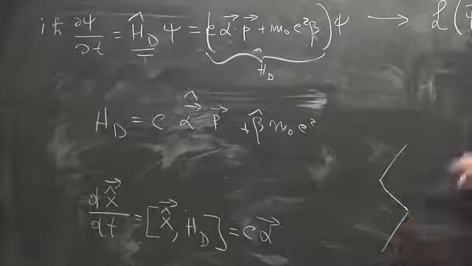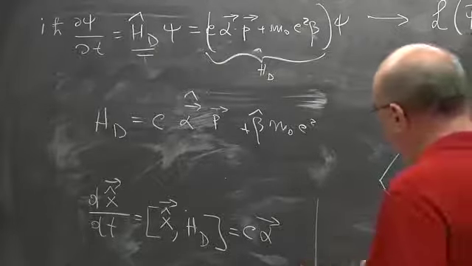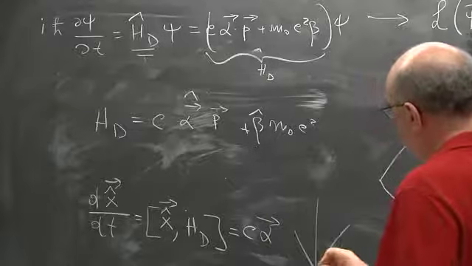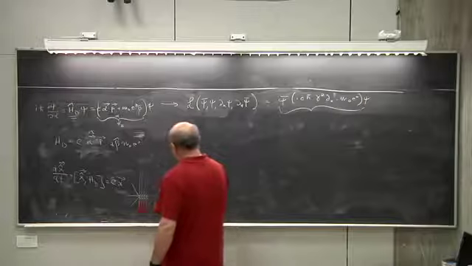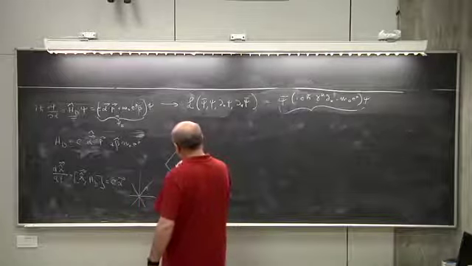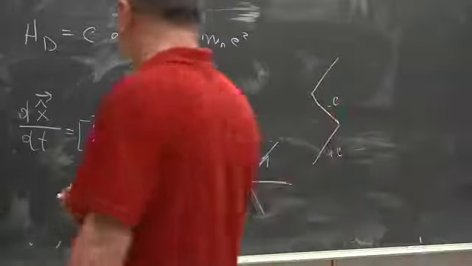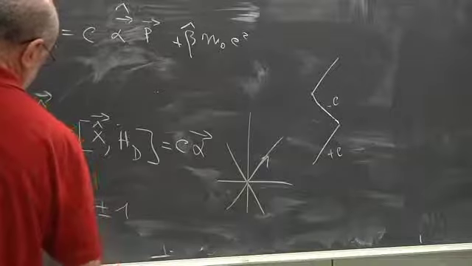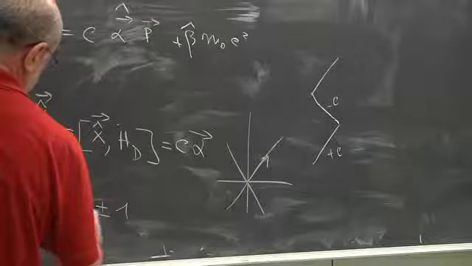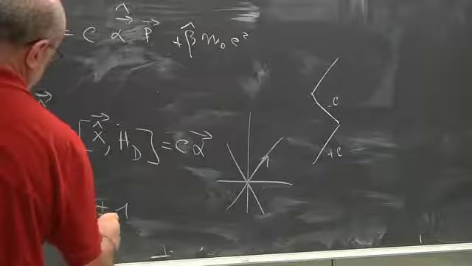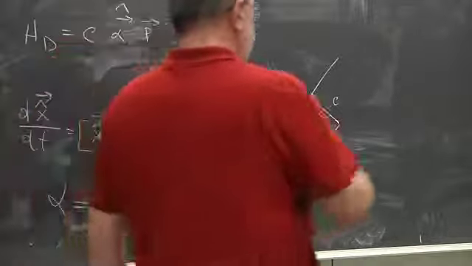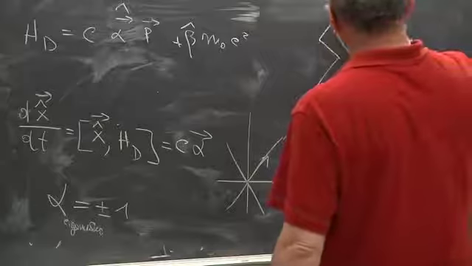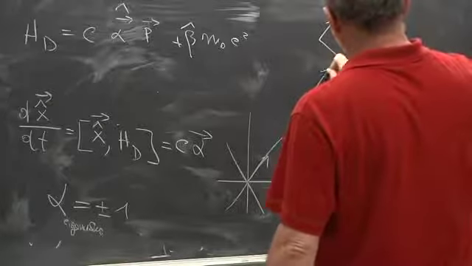That means it moves along the light cone, you know. If you have the light cone, the particle can have either plus c or minus c, because the eigenvalues of α are plus or minus 1, and then multiplied by c. So a Dirac particle can have only c and minus c.